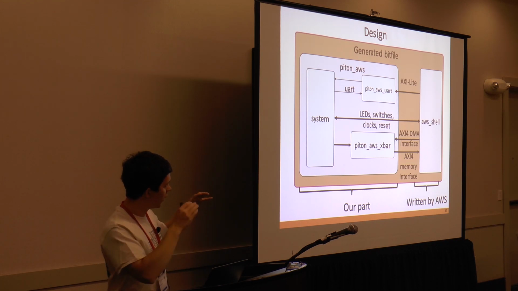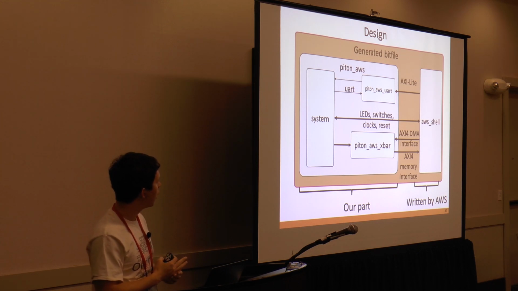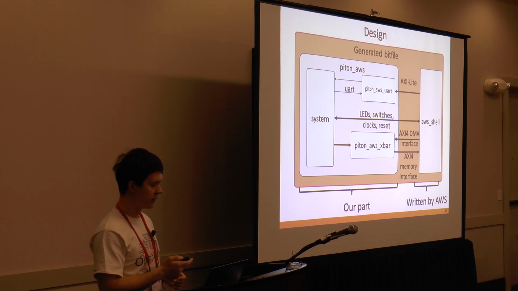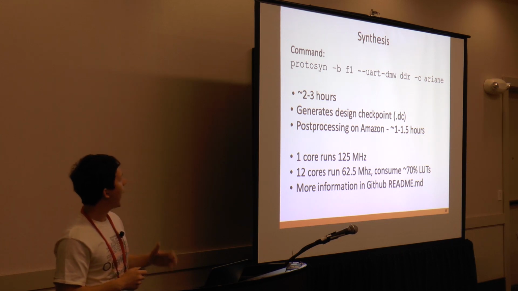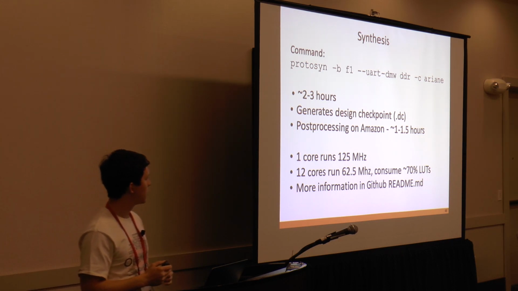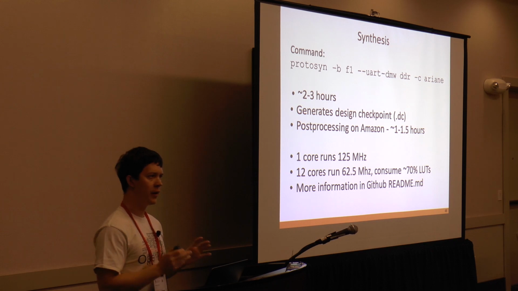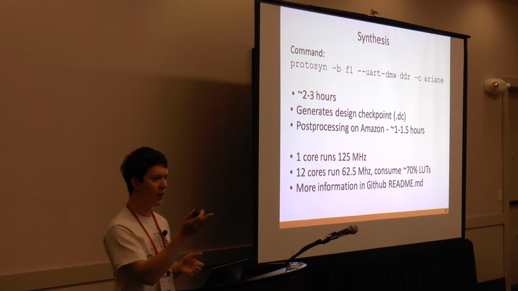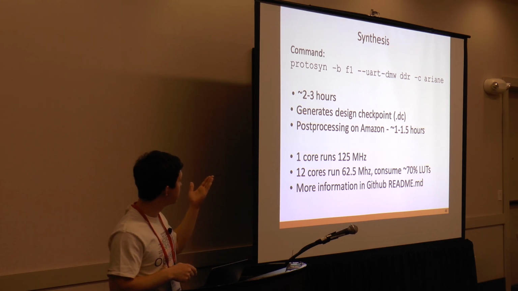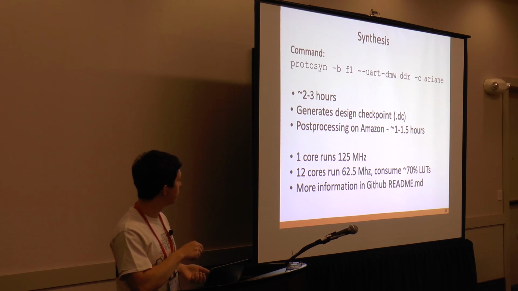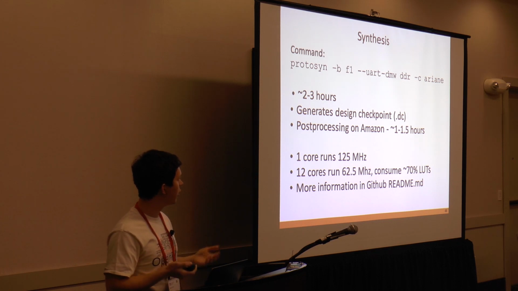This is a generic setup. You can find more detail in the documentation. Synthesizing or making a design for F1 doesn't differ from making a design for any other board. Just instead of specifying Genesis 2 for the -B option, you specify F1, and all options are the same.